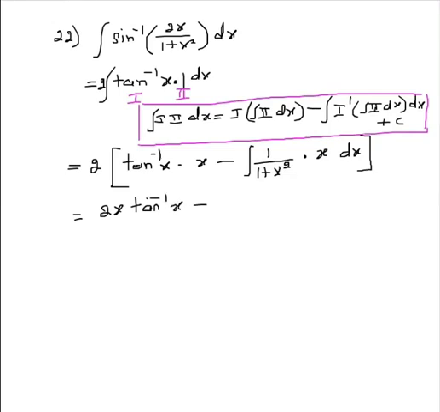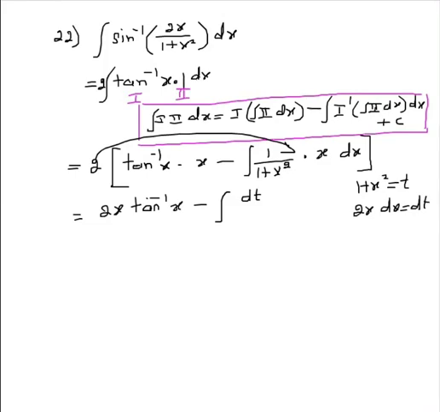minus, this can be done by substitution, 1 plus x square as t. Differentiate both sides. This becomes 2x dx is dt. We have 2 here.